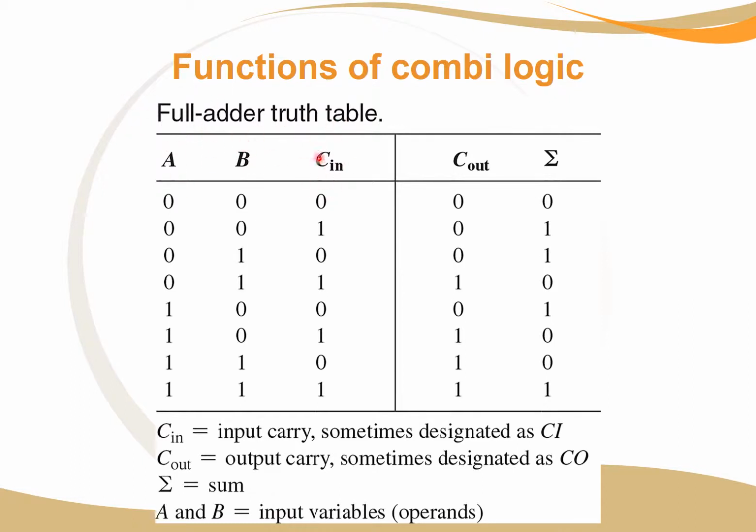So A and B with no carry is 0, A and B with a carry of 1 is 1, same here, 1. A, B, and C with a carry of 1 is 1 and 0, same 0. A carry of 1 is 1, 0. A and B is a carry of 1. And you have A, B, and C, you have a carry of 1, and the sum is 1.